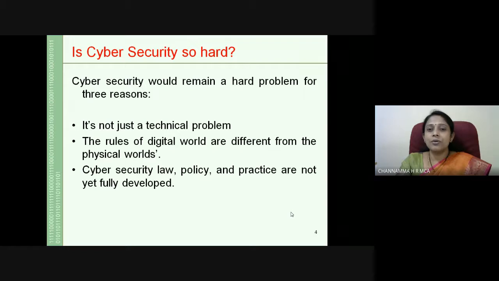There is no boundary or restriction for the criminals or the crimes, but for the laws we have restrictions. And due to the fast change in technology, security laws are delayed in being amended as fast as the technology changes.